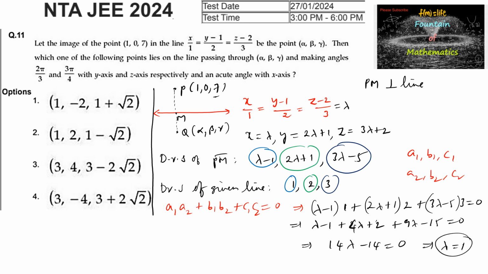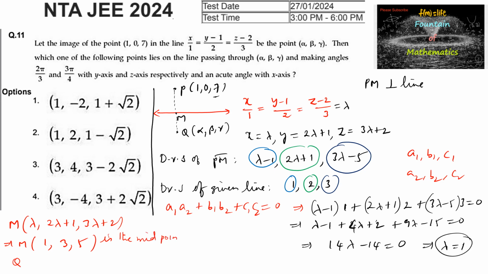So we may consider the point M, that is (lambda, 2 lambda plus 1, 3 lambda plus 2). So M is the point (1, 3, 5). So we can consider the point M, and Q is the point where M is the midpoint.